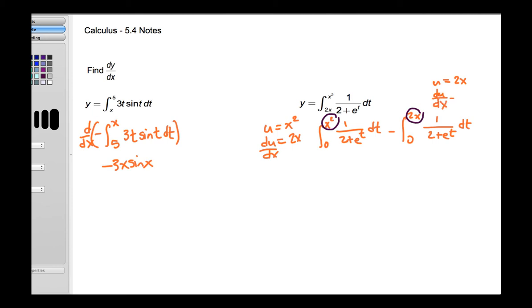So when we do our work down here, what we're going to end up with is 1 over 2 plus e to the x times 2x minus 1 over 2 plus e to the x times 2.